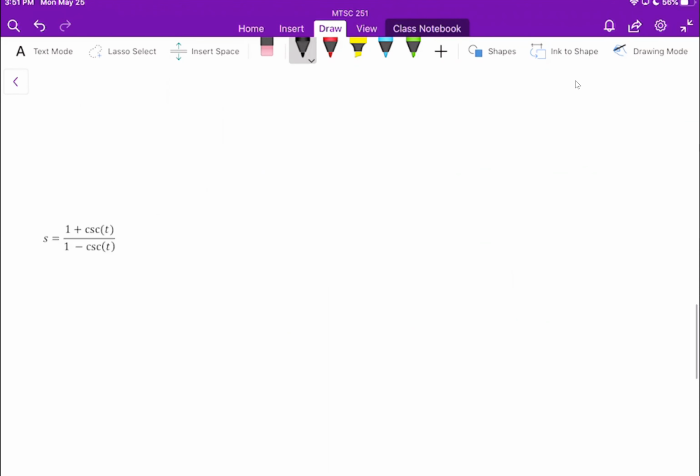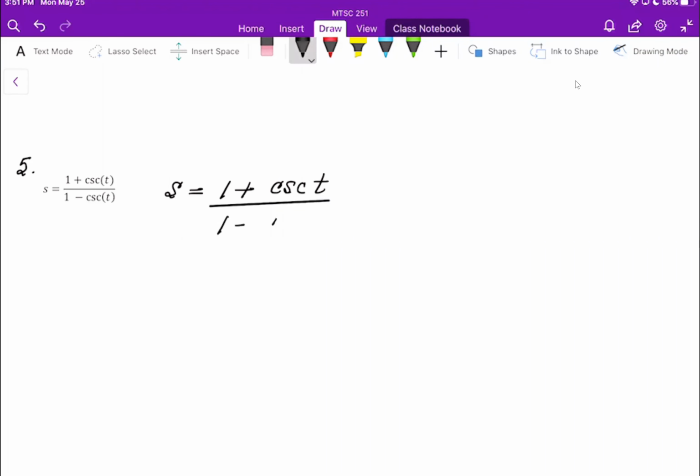In problem 5, again, we have a quotient rule. So we have S is equal to 1 plus cosecant of t divided by 1 minus the cosecant of t.